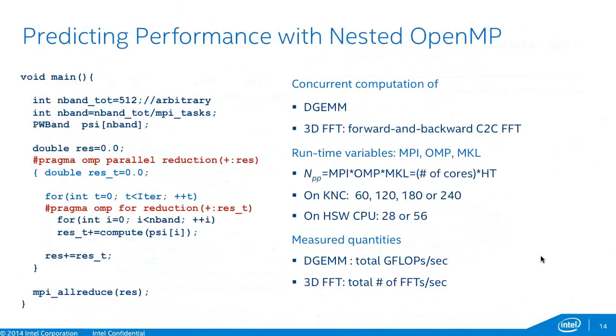The model we are using is that we have a fixed number of bands per MPI task. So every MPI task is doing the same thing on different data. That's the data parallelization. And of course, OpenMP now is working on the bands you own, each MPI task owns, in parallel, and each band operation is further parallelized by NKL.